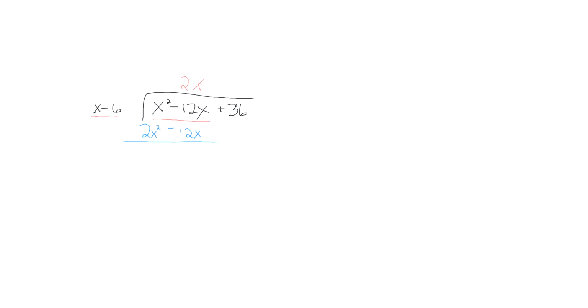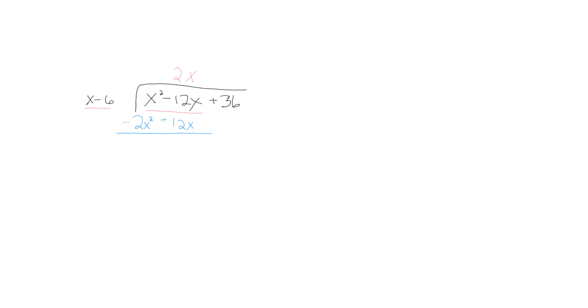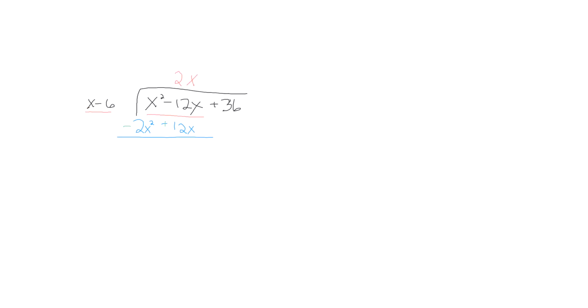Then I want to subtract this from the top part, which really means I'm going to change every sign on the bottom. So if this is a minus, it becomes plus. If this is a plus, it becomes minus. And then I add, kind of like when we were doing the system of equations and we were trying to get rid of the x or get rid of the y.